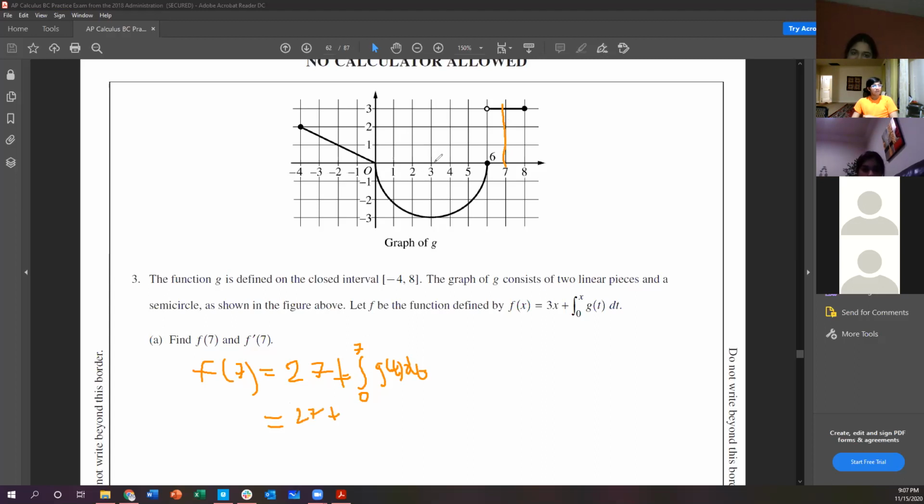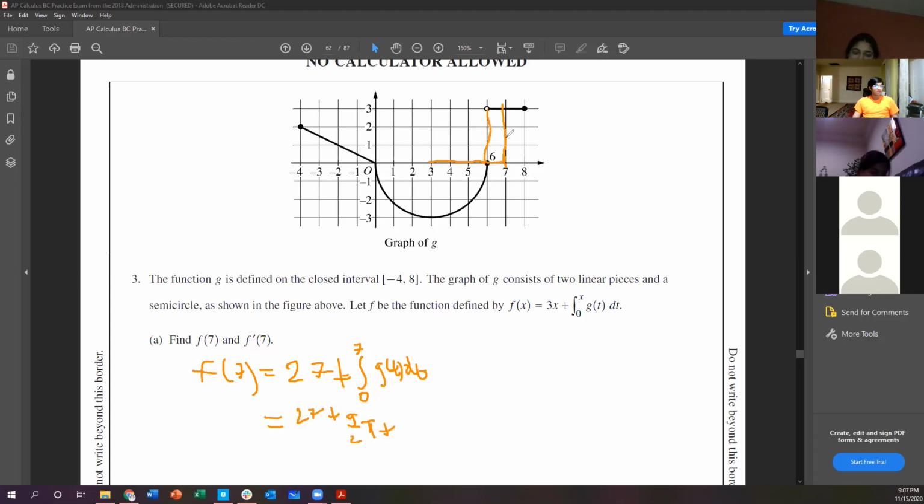So what's the area from here to here? I know it's pi r squared over 2 because it's a semicircle. R is 1, 2, 3. Pi r squared would be 9 pi, correct? 9 pi over 2 is 4.5 pi. Or if I want to be precise, I can write 9 over 2 pi. Plus the integral from here to here.